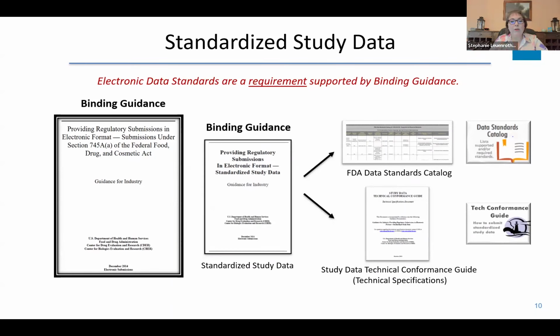As I'll be talking about, there is further information about the FDA Data Standards Catalog. That is the place where we post the new standards that we are requiring. And then we also have the Study Data Technical Conformance Guide, which is for technical specifications. And we have used that for all kinds of information to quickly get out to the public.